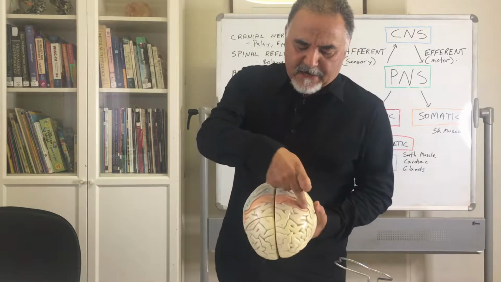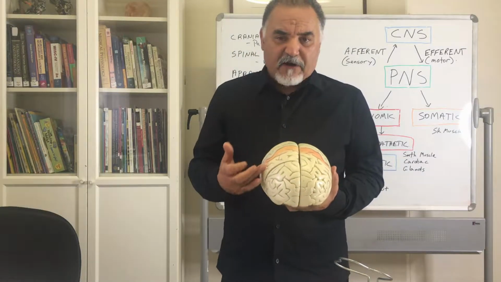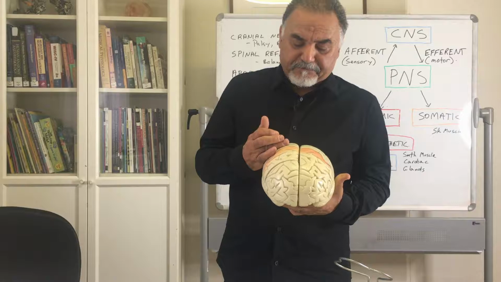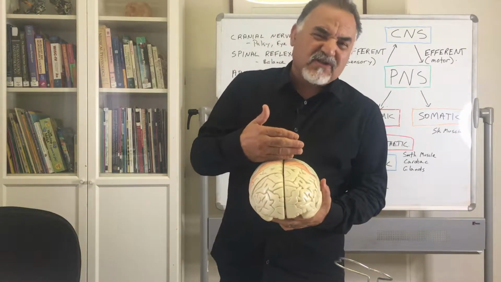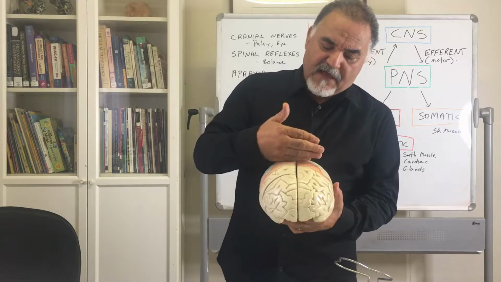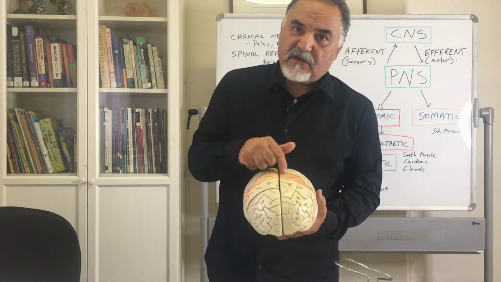And right here in the middle there is a sulcus that pretty much separates the front and the back of the brain, and that's called the central sulcus.